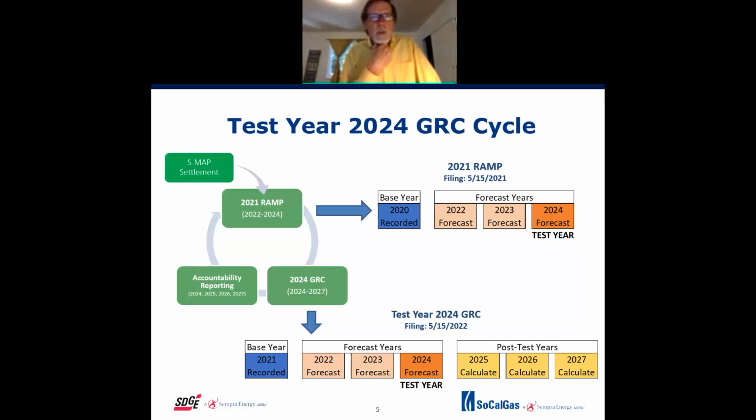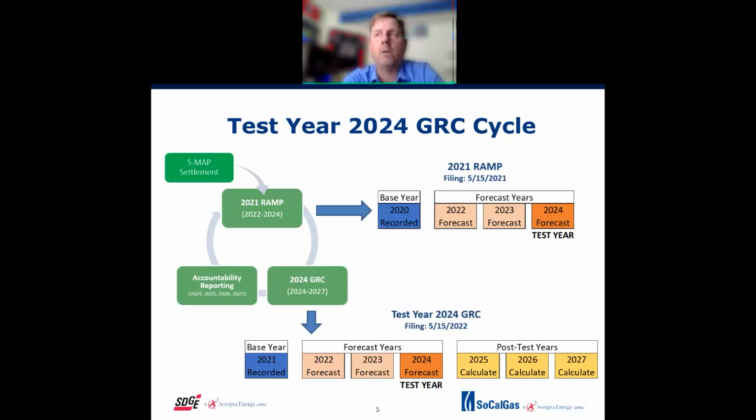And the point is that a certain amount of risk reduction will be achieved based on the prior rate case. And you don't want to double count that risk reduction in determining the risk reduction that you're forecasting to achieve in this modeling for the year 2024 and beyond. We only want to include the risk reduction for 2024 and beyond. Right? And well, let me remind folks how we present our rate cases.